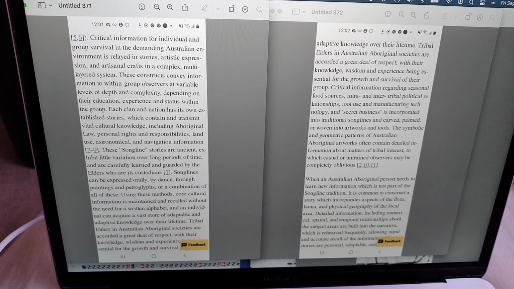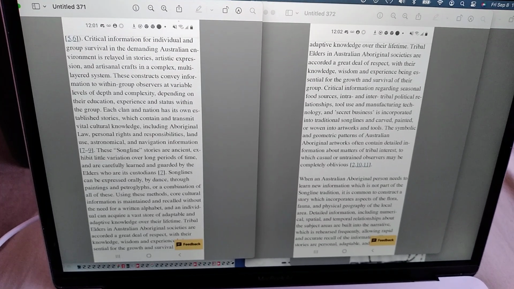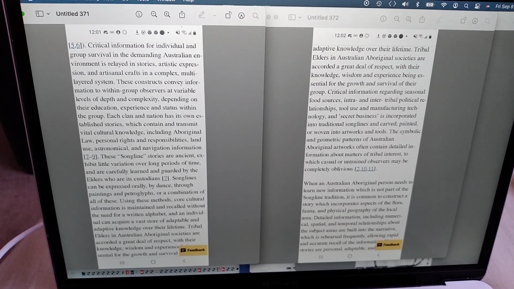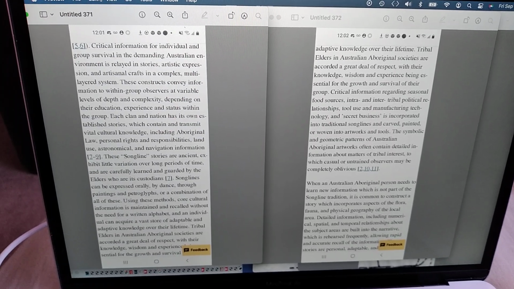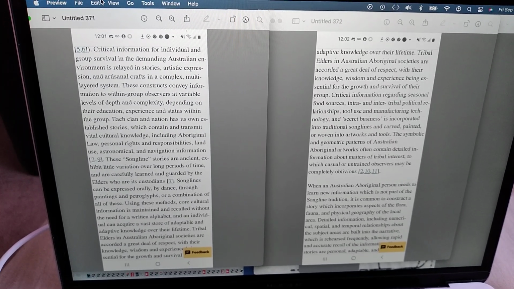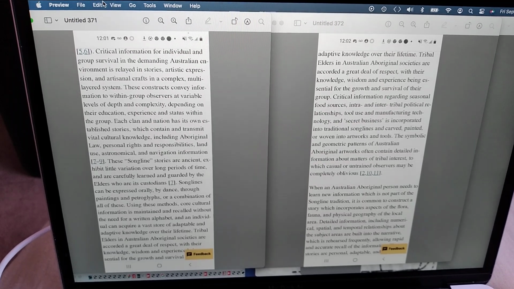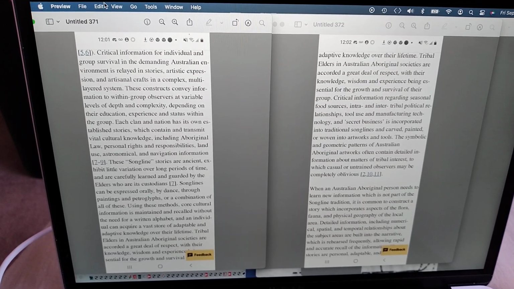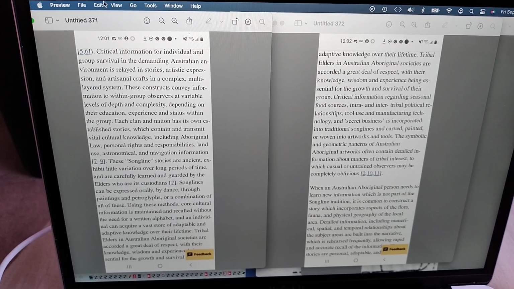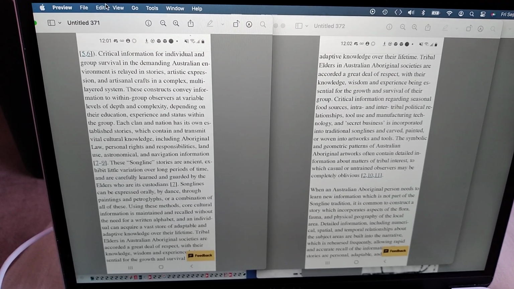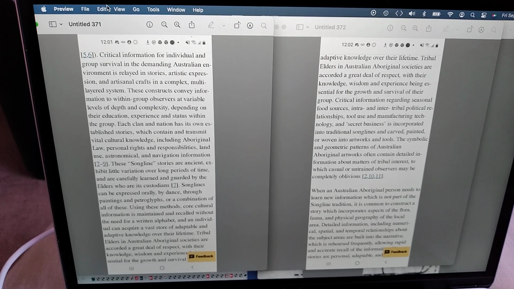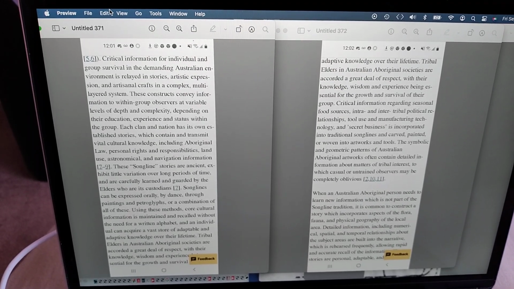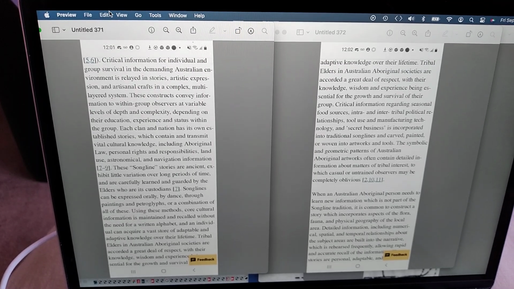And I would say navigational information is foremost in most ancient traditions, including the Australian Aboriginal traditions. These songline stories are ancient, exhibit little variation over long periods of time, and are carefully learned and guarded by the elders who are its custodians.